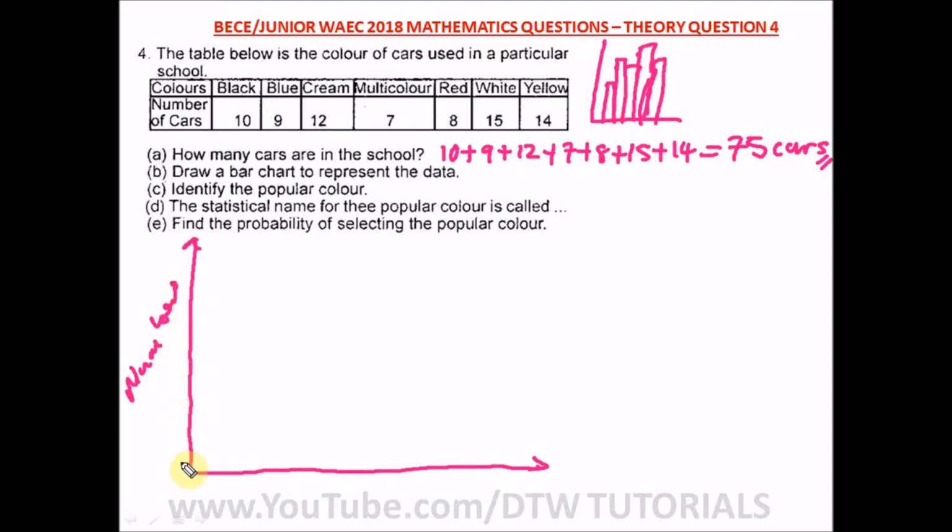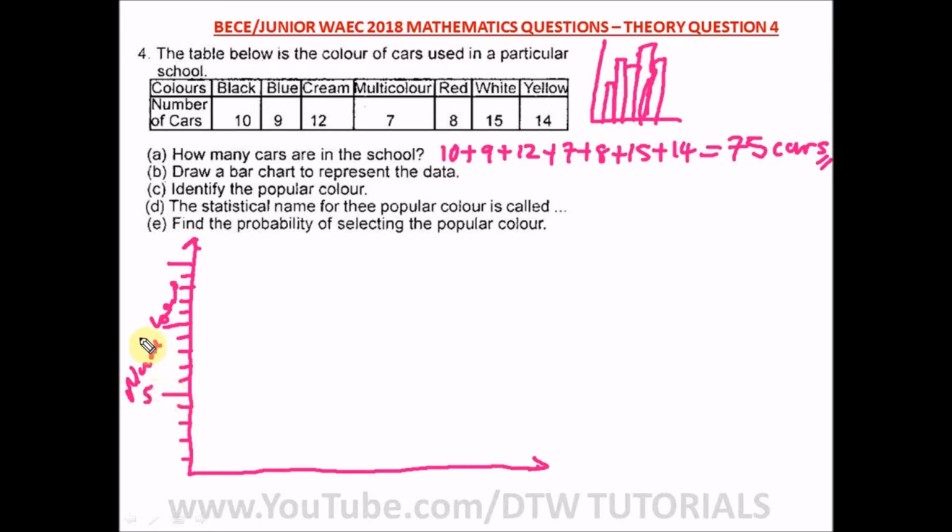Let's say this is 0, this is 1, 2, 3, 4, then 5, 6, 7, 8, 9, and 10 here, then 11, 12, 13, 14, then 15. They might give you a graph sheet to answer this on, or maybe just a plain sheet, but make sure you use your ruler and do your numbers this way. If you're given a graph sheet, it's quite easy to get the values here.